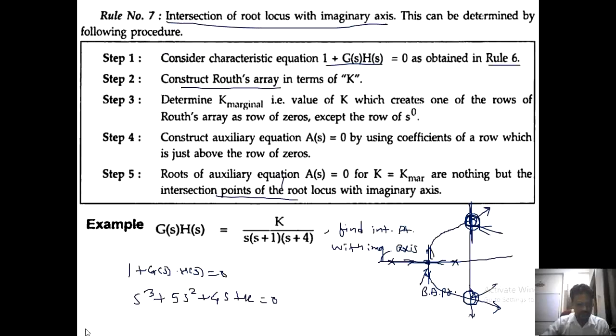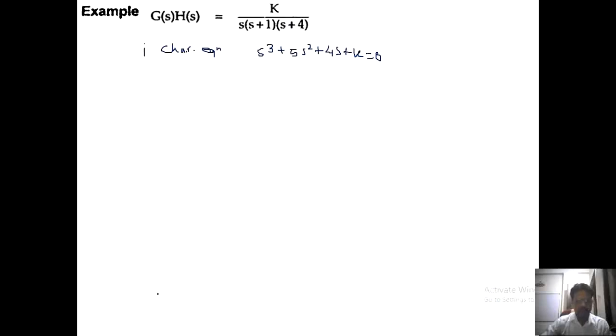For the Routh array, what is the procedure? First of all, check that your equation is in descending order and in complete form: s cube, s square, single s, and constant. Yes, it is in complete order. Then the highest power, s cube, next s square, then s raised to 1 and s raised to 0. This is our Routh array pattern.